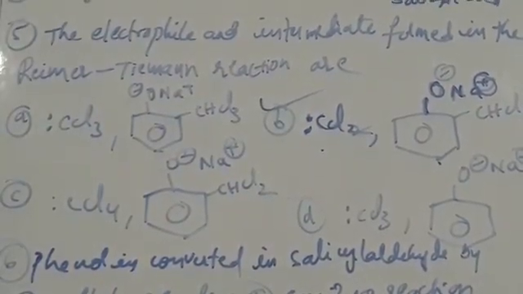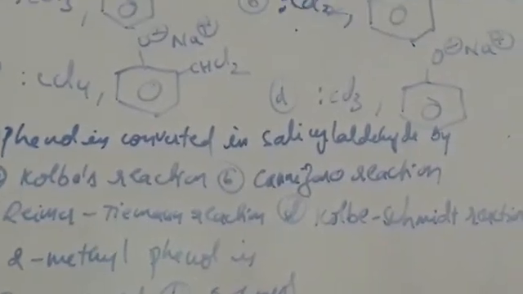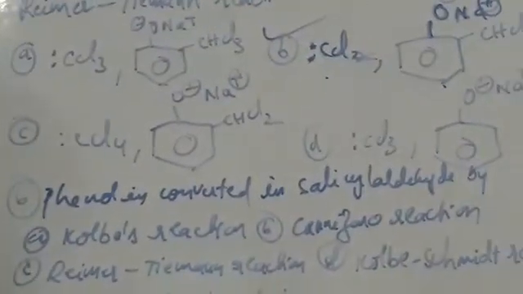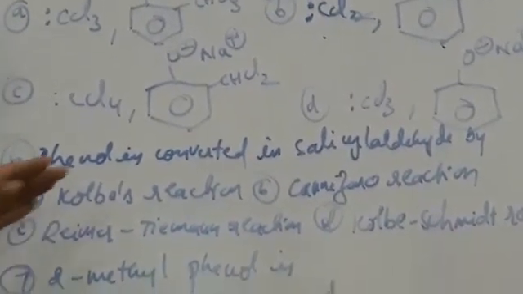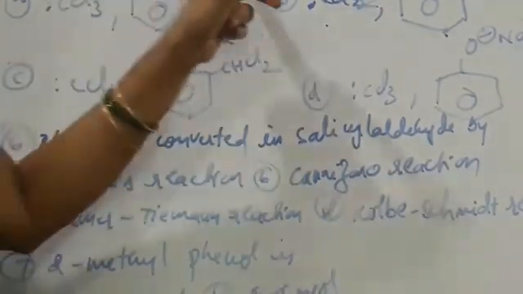Next. Phenol is converted into salicylaldehyde by which reaction: Cannizzaro reaction, Reimer-Tiemann reaction, Kolbe-Schmidt reaction. So phenol converted into salicylaldehyde. This reaction is a name reaction, which is a very important reaction, which is Reimer-Tiemann reaction.